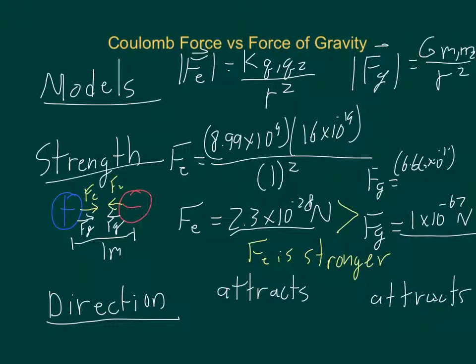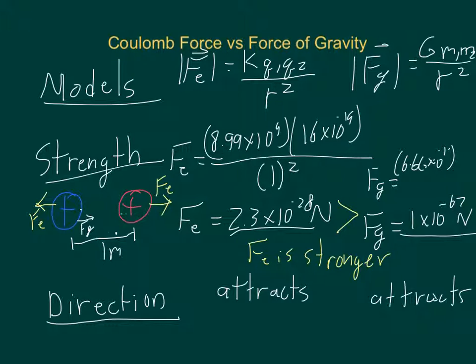But let's change it up. What if I replace my electron with a proton? Well, now I will not have a force of attraction, at least when it comes to the Coulomb force. Instead, the two protons would want to repel one another.